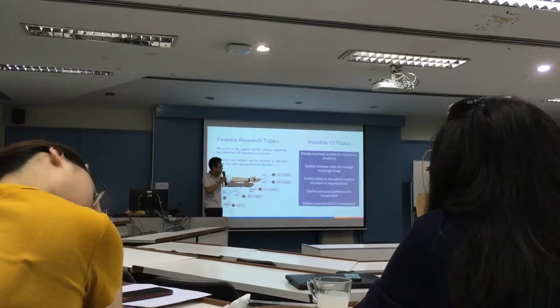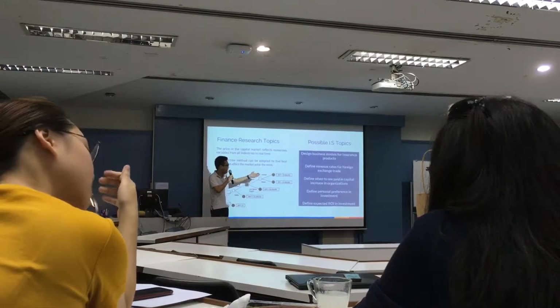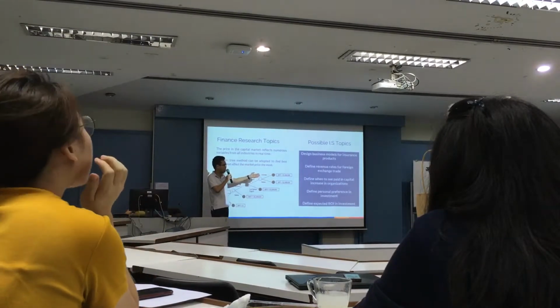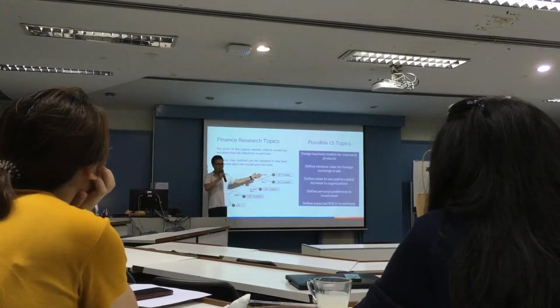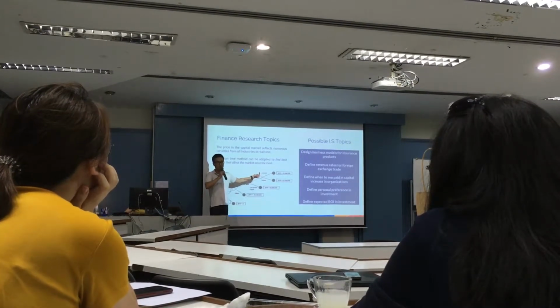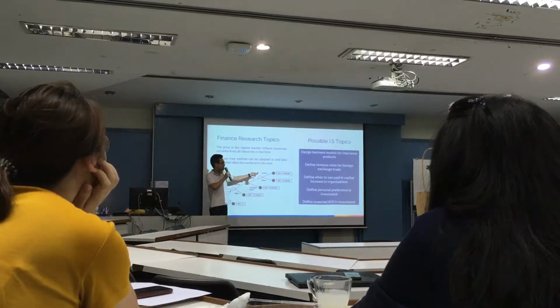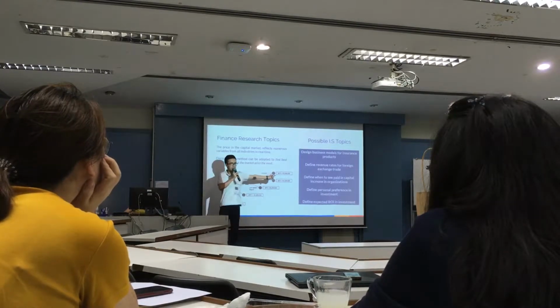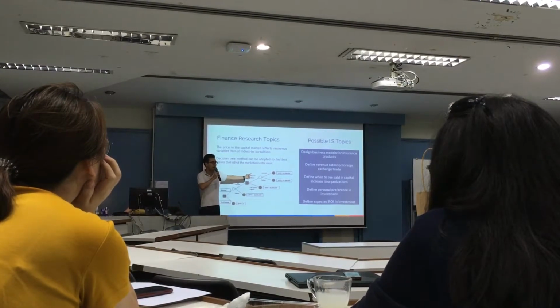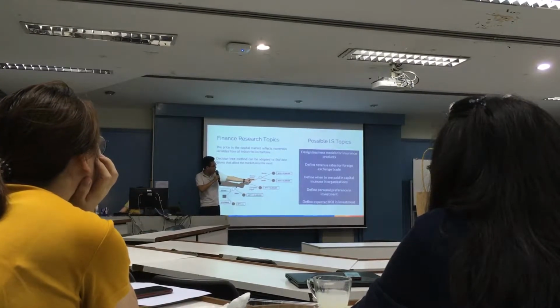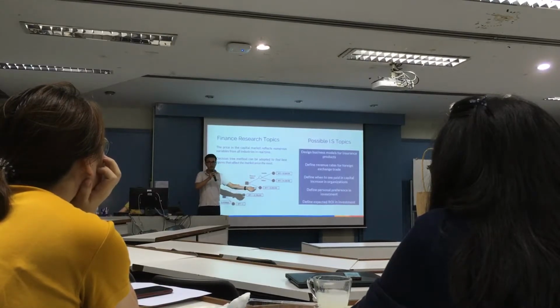The third one is define when to issue paid-in capital increase in an organization. To be honest, I have already researched some examples about these topics, and there were some reports from my university in Korea. And the fourth one is define personal preference in investment.